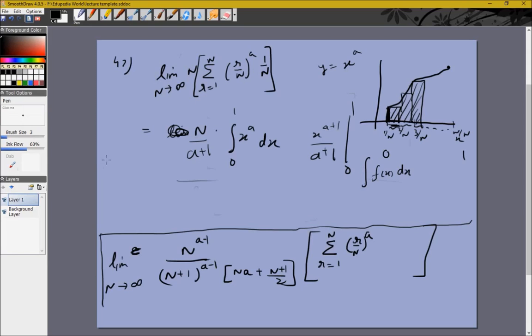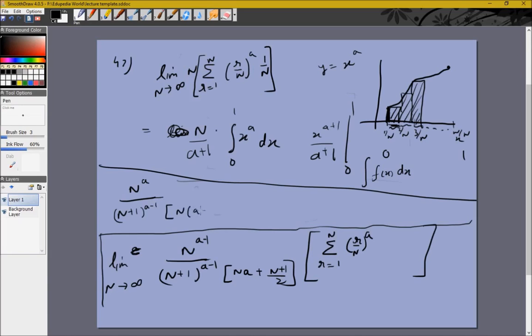So this can be replaced by n by a plus 1. So the final thing that is left is n to the power a by n plus 1 to the power a minus 1, n times a plus half plus half. Right, this is what is left.